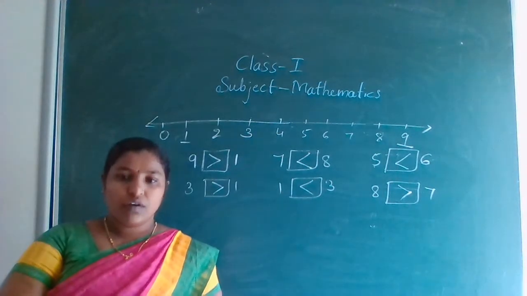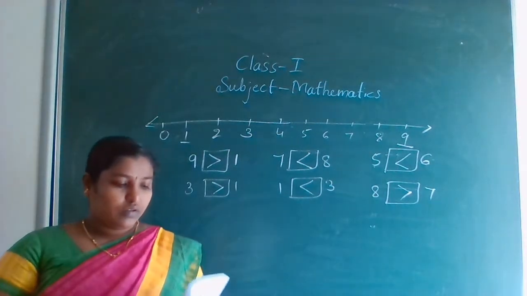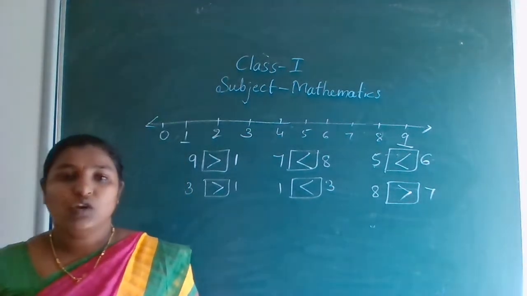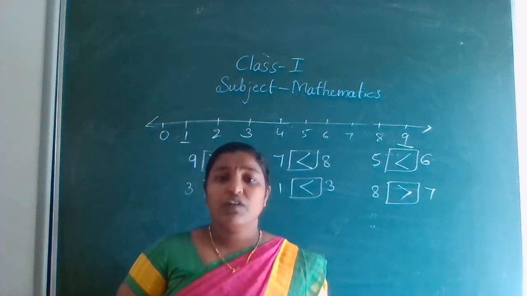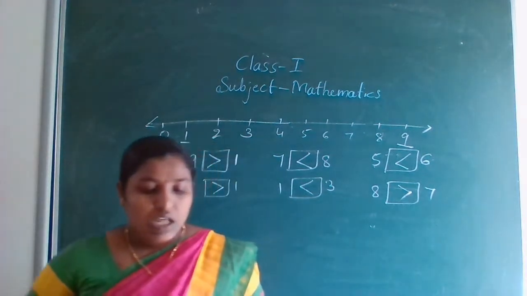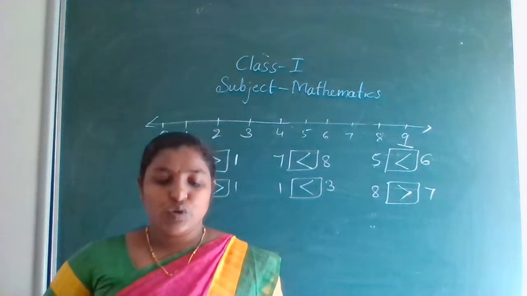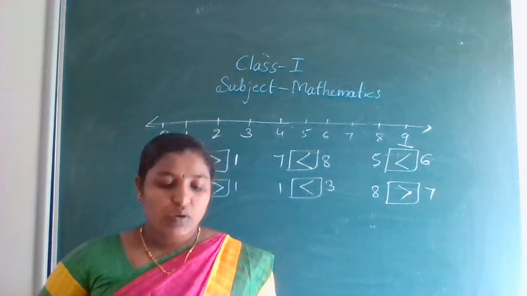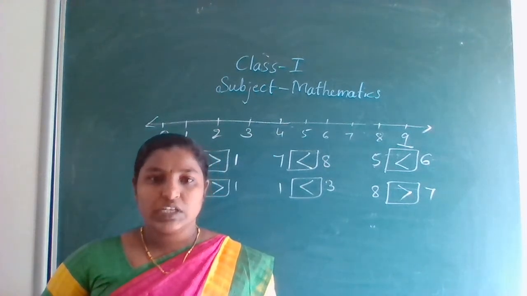Next go for, now I know. Whatever we learnt in this lesson, they have listed out. The number names 0 to 9 in correct order. Count and tell the number of objects given.